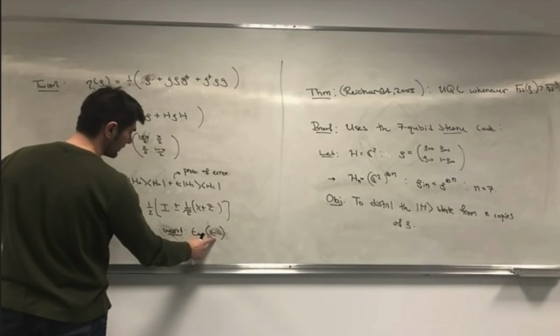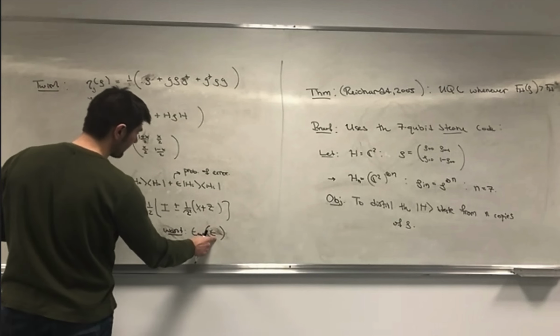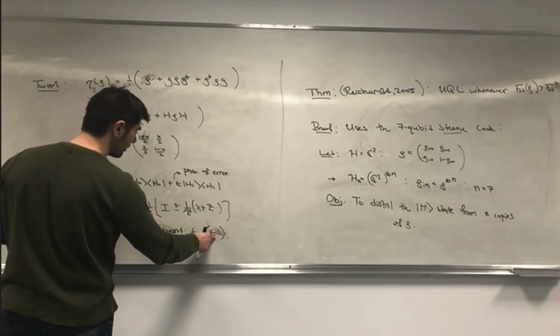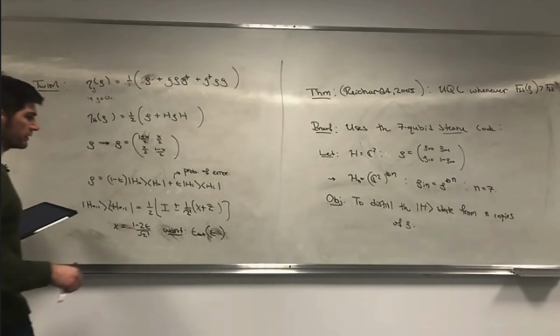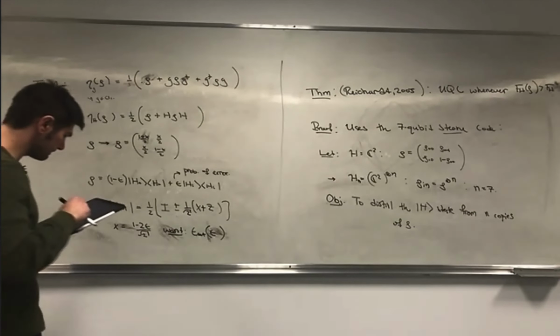And hopefully it will decay for small epsilon. If we start with some initial small epsilon, this E out will be much smaller than the initial one. So that's basically what we want.